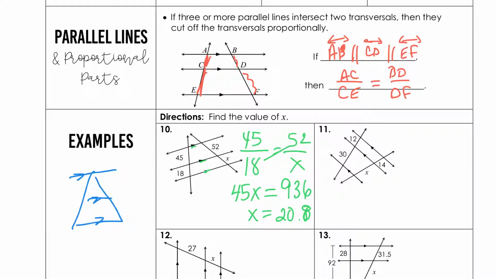Okay, example number 11. Parallel lines cut by two transversals. Therefore, I'm going to say 12 over 30 would equal 14 over x. Cross products, 12x is equal to 420, x equals 35.